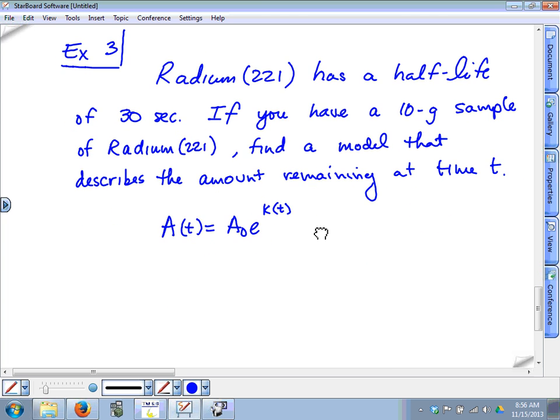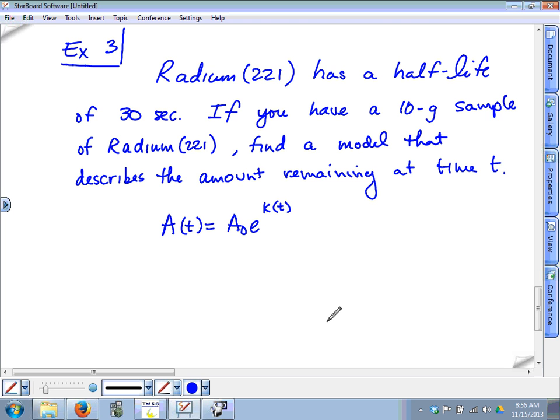How do we do this? What do we know? We know that A sub 0 is 10. And after t equals 30, A of 30 is equal to what? 5. So we can plug this known information in.